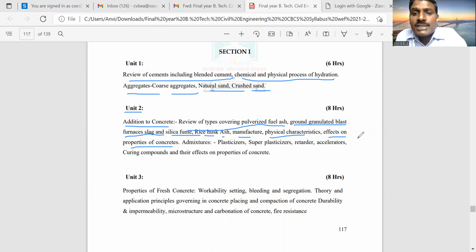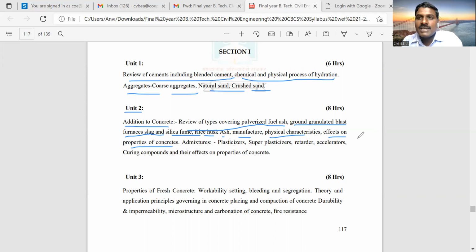It means instead of aggregate we are using brick bats. We are replacing cement by fly ash, rice husk, or silica fume, other waste materials we are using. So these are the additions to the concrete.